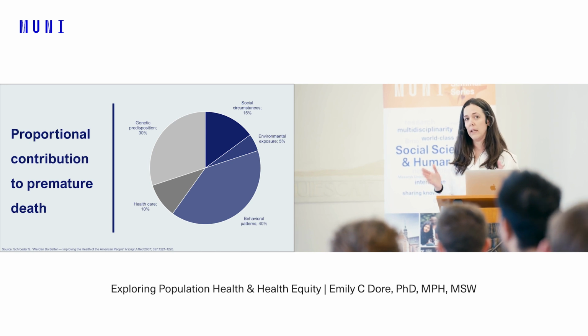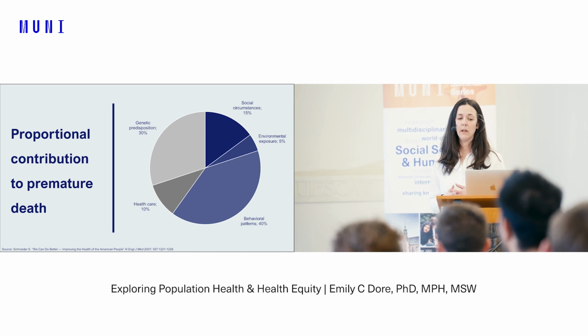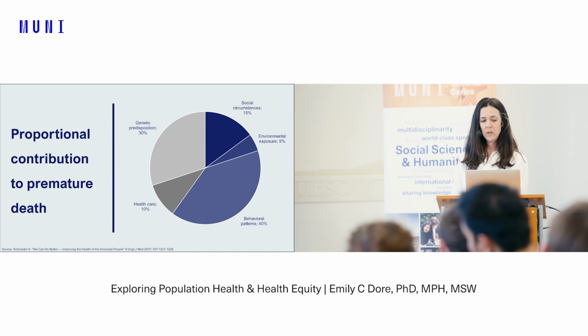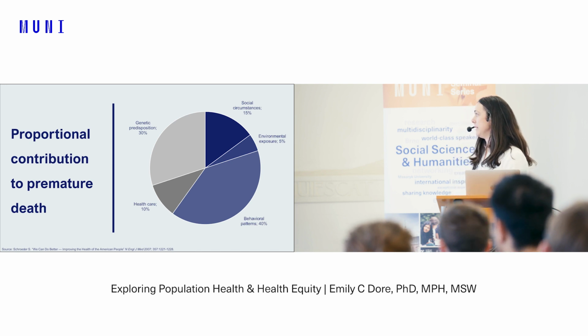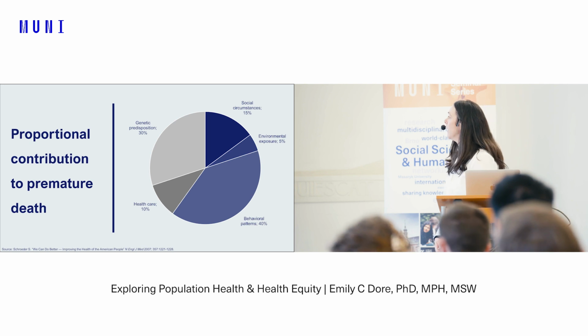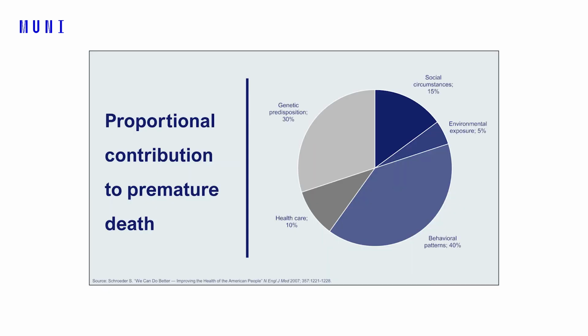And in particular, they can really stratify us along these social dimensions in terms of our health outcomes, creating health inequities. So this chart is from a study that was done in the New England Journal of Medicine a good amount of time ago, but it quantifies these different factors that go into premature death calculations.